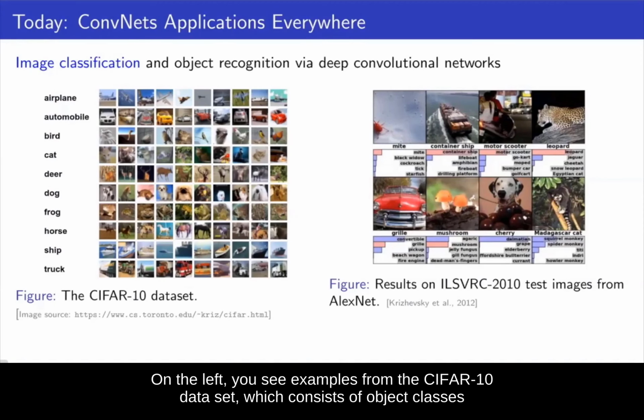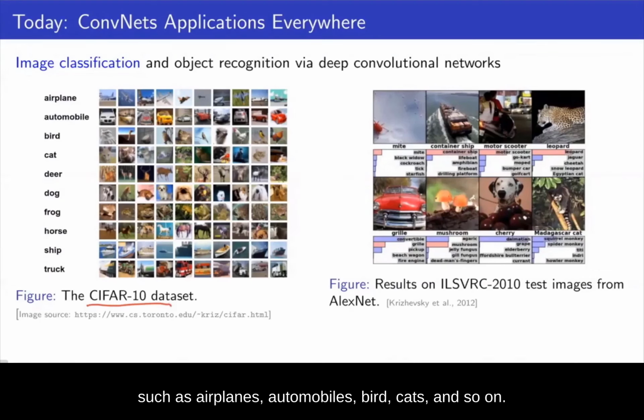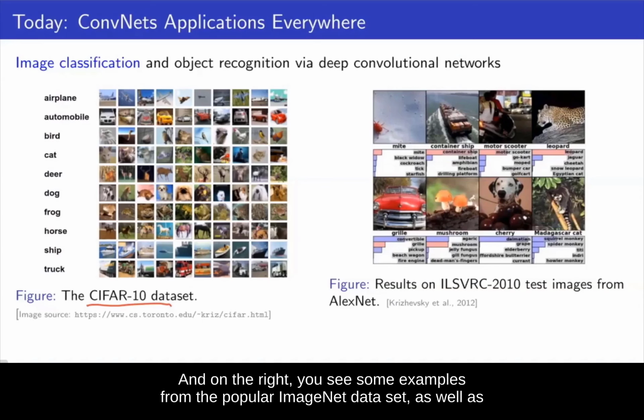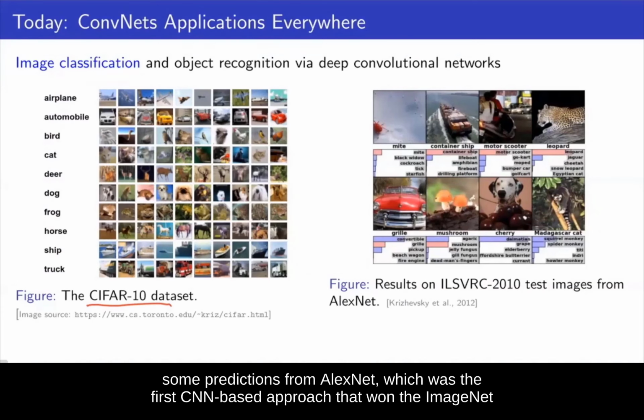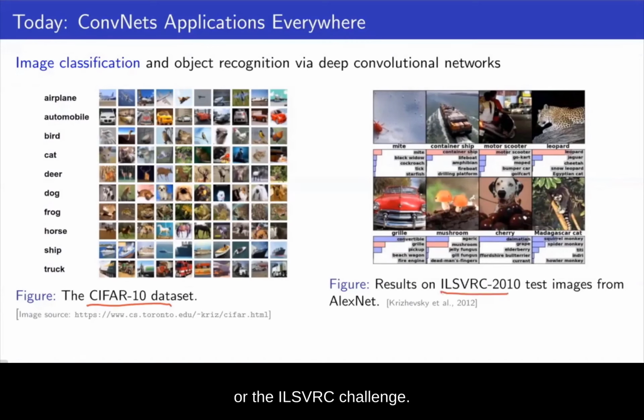On the left, you see examples from the CIFAR-10 dataset, which consists of object classes such as aeroplanes, automobile, bird, cats, and so on. And on the right, you see some examples from the popular ImageNet dataset, as well as some predictions from AlexNet, which was the first CNN-based approach that won the ImageNet or the ILSVRC challenge.